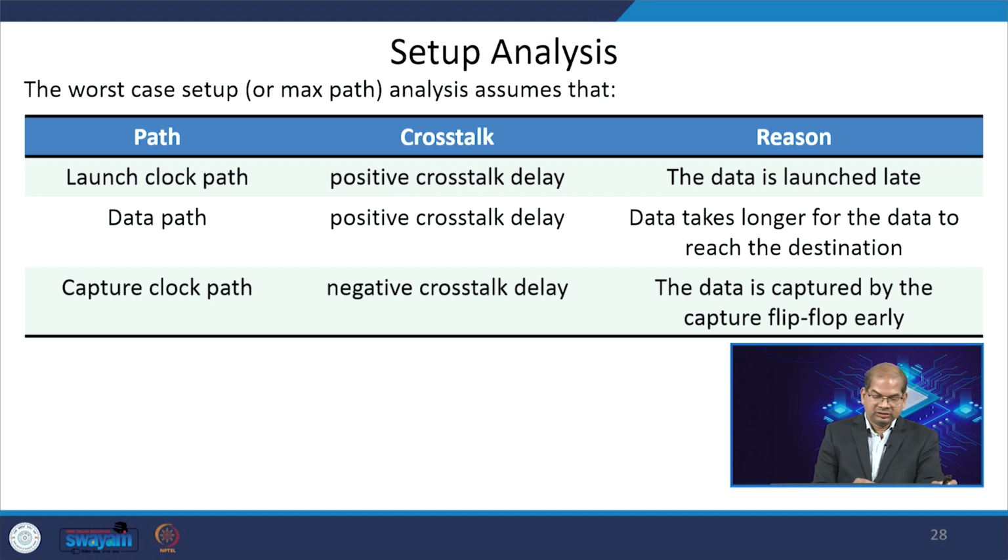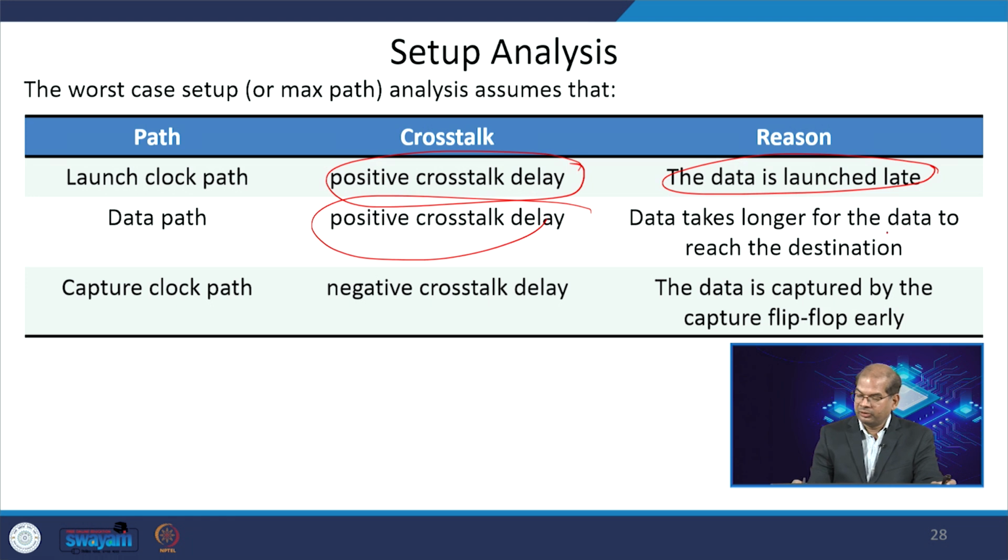The launch clock path should have positive crosstalk and data launches late, and the data path should have positive crosstalk, so data takes longer to reach the destination. Similarly, the capture clock path should reach early.